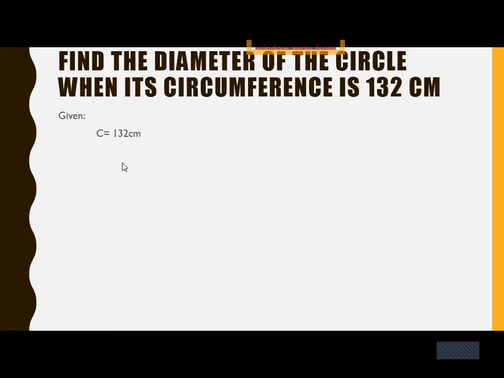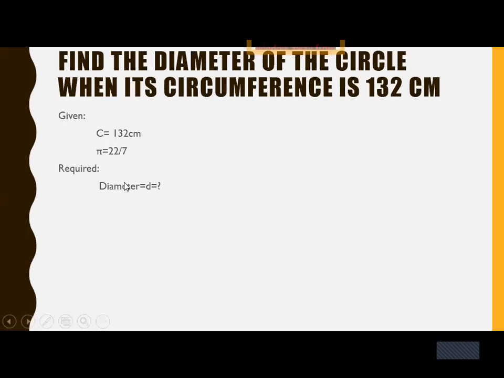The circumference is 132 and the pi value is 22 over 7, a constant value. What we have to find in this question is the diameter.